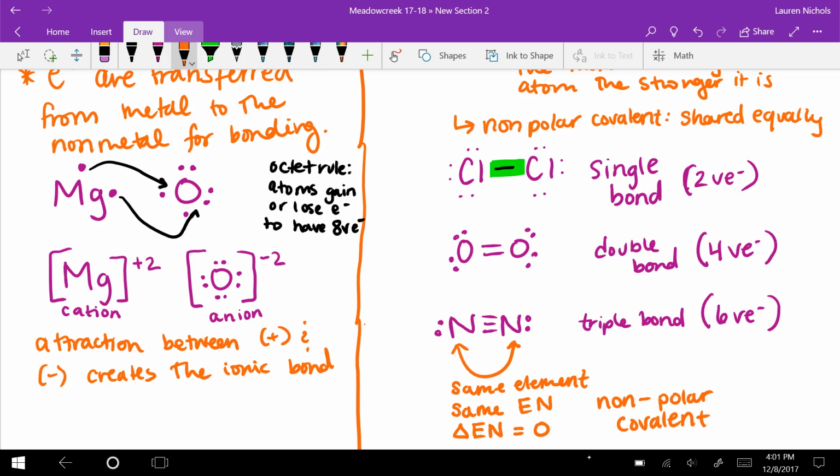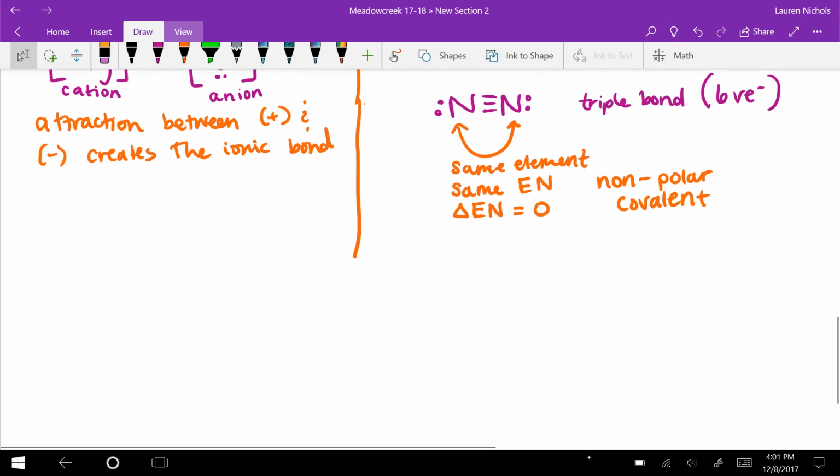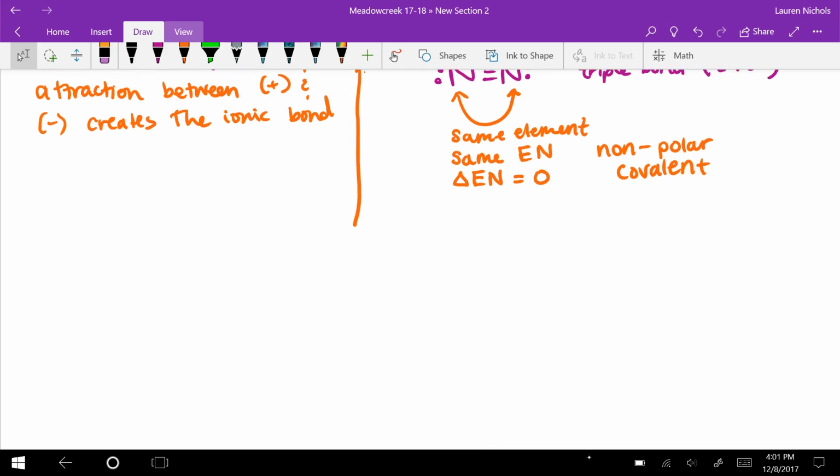But you say, Miss Nichols, you also just said that there was something that was polar covalent. So let's look at what a polar covalent compound might look like and how we might be able to tell. If we look at something like HCl, hydrogen chloride, well, actually it's hydrochloric acid, but we haven't gotten to naming acids yet.